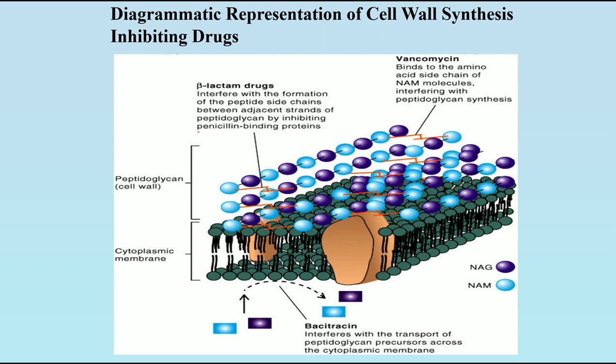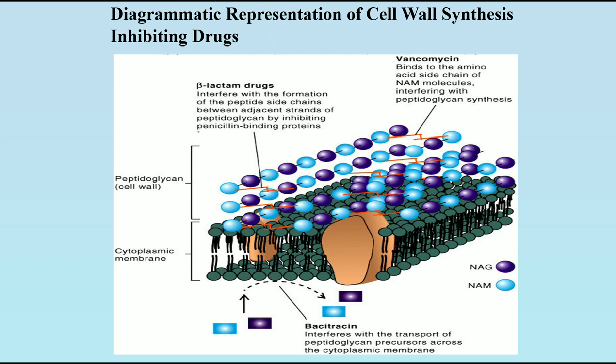So it means that it doesn't allow the building blocks to be transferred through the cell membrane towards the cell wall, where these building blocks are needed for the synthesis of cell wall, so this is kind of like the raw material availability.